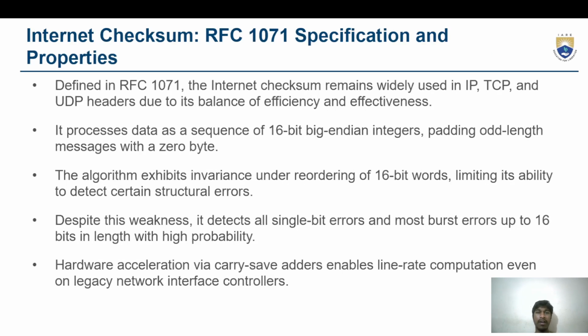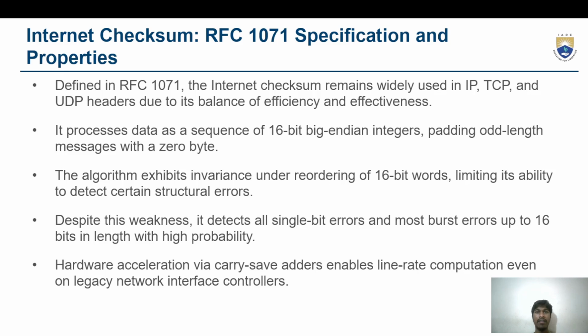Internet checksum: RFC 1071 specification and properties. Let's see what RFC 1071 is. The Internet checksum remains widely used in IP, TCP and UDP headers due to its balance of efficiency and effectiveness. It processes data as a sequence of 16-bit big-endian integers, padding odd-length messages with a 0 byte.